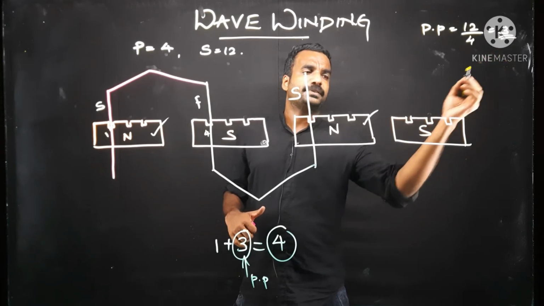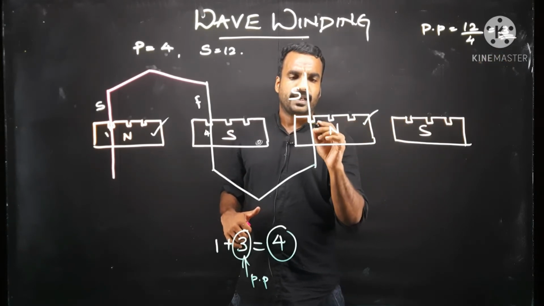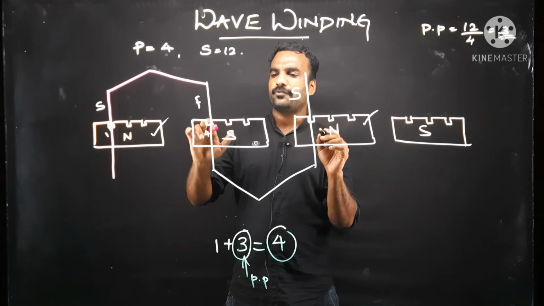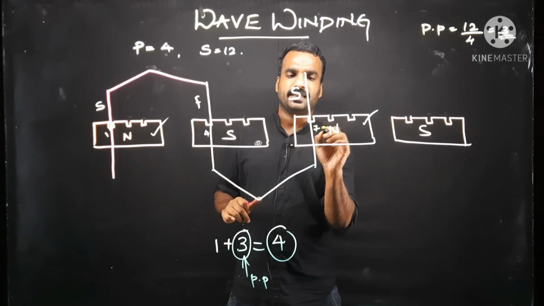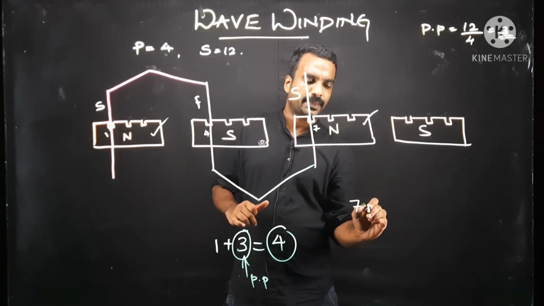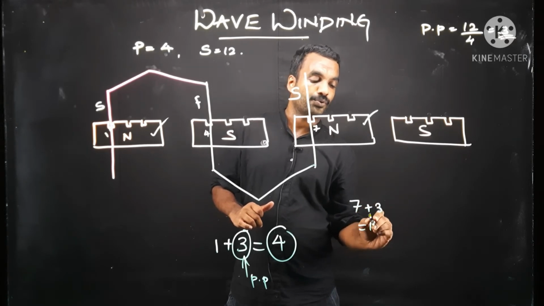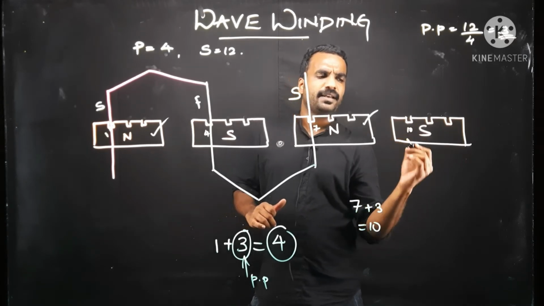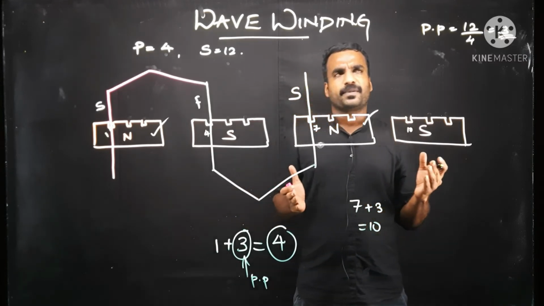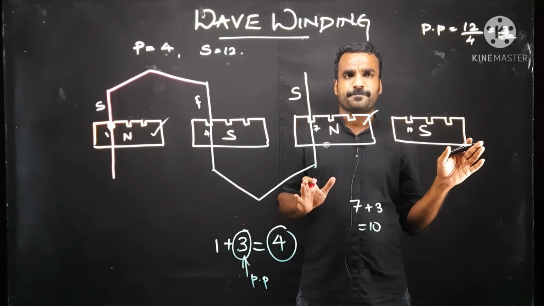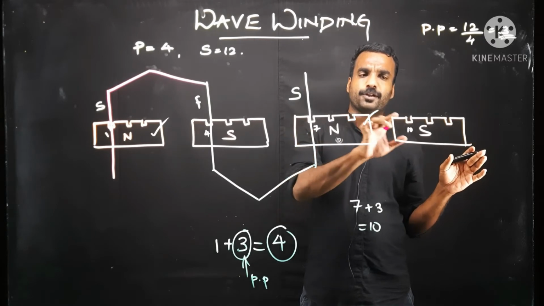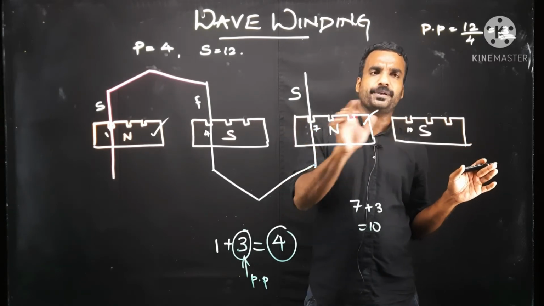As the pole pitch is 3, and now you are starting at 1, 2, 3, 4, 5, 6, 7, this is 7. You add 7 plus pole pitch, so you have to go to 10. And as it is full pitch winding, coil span should be equal to pole pitch.